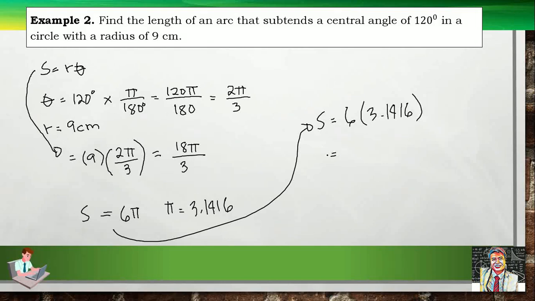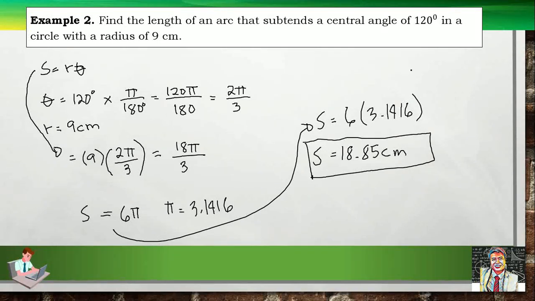So s natin, that will become 18.85, which is, ang measurements natin is cm, so therefore this is cm. So the arc length subtends a central angle of 120 degrees, that is 18.85 cm with radius of 9 cm. So yun yung example number 2 natin.